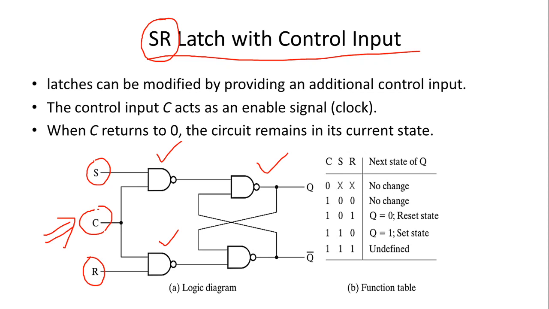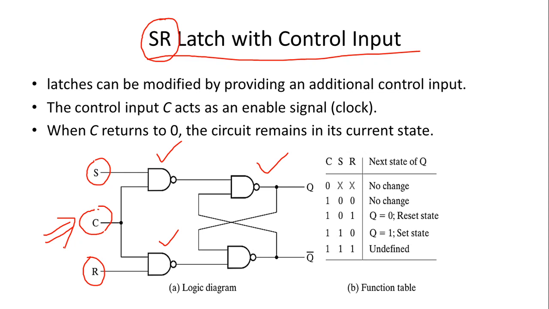So if this clock is 0, then there's no change, or it is disabled. If the clock is 1, then the latch will be active and will produce or save states. The control input C acts as an enable signal. When C returns to 0, the circuit remains in its current state.